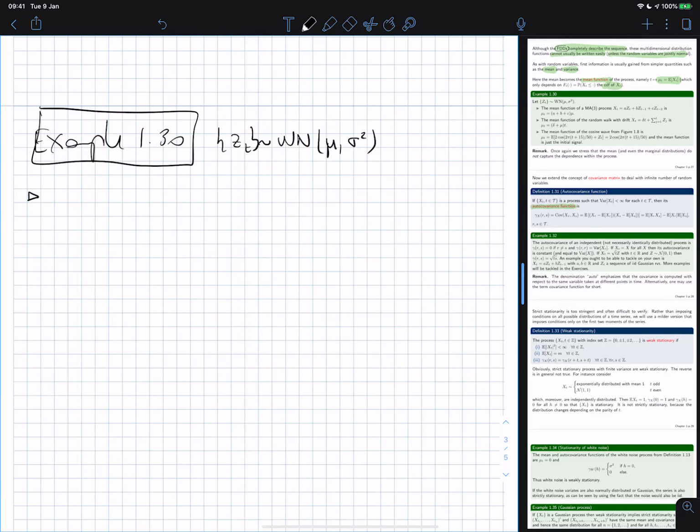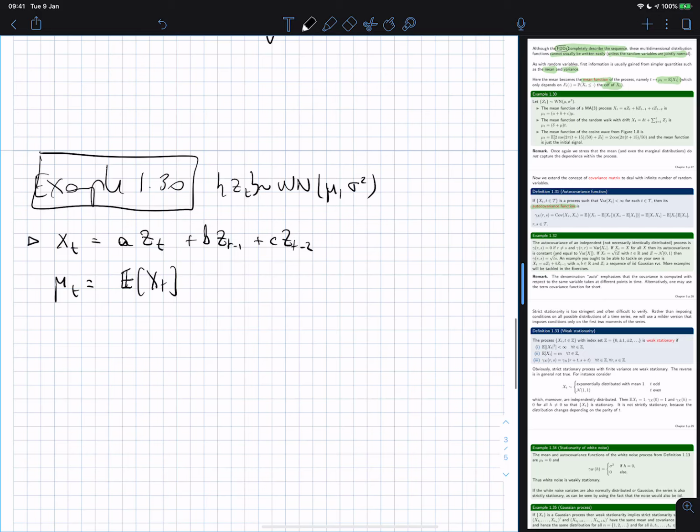Then the first point: we look at xt, which is a moving average of Zt. The mean function of this is just the expectation of xt.